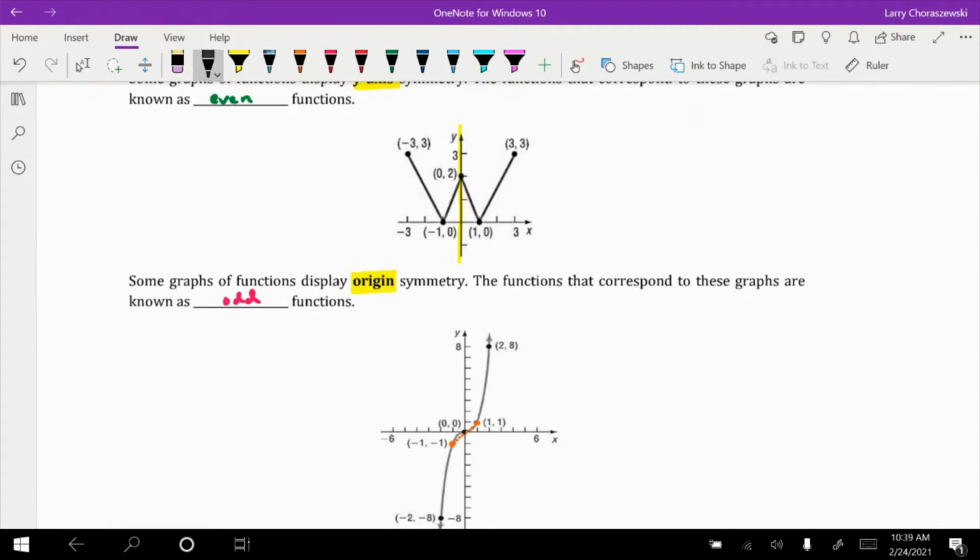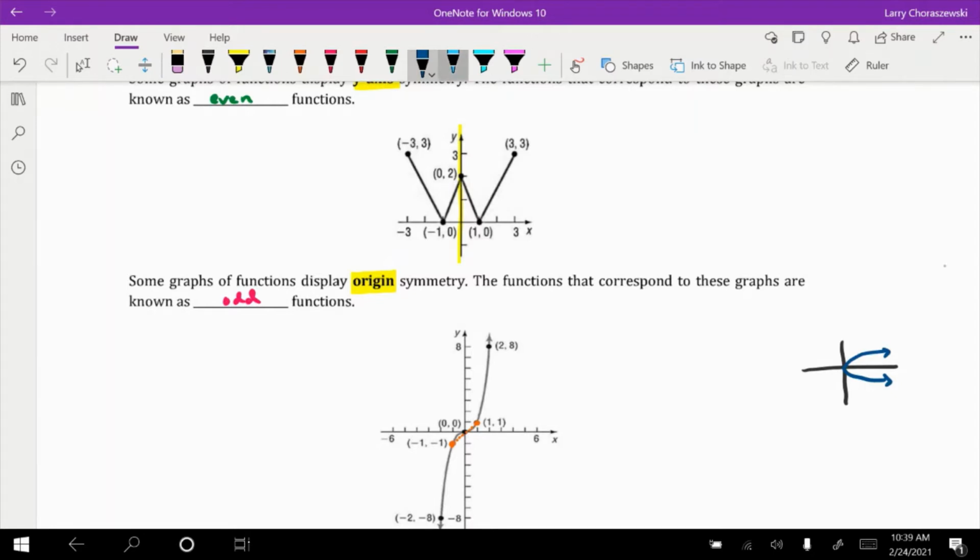Now you might be wondering, why are we not looking at graphs that have x-axis symmetry? Well, that's pretty easy to explain. Here's a graph with x-axis symmetry. Think about the definition of a function, or how we test to see if a graph is the graph of a function. Would this graph that I just drew be the graph of a function?